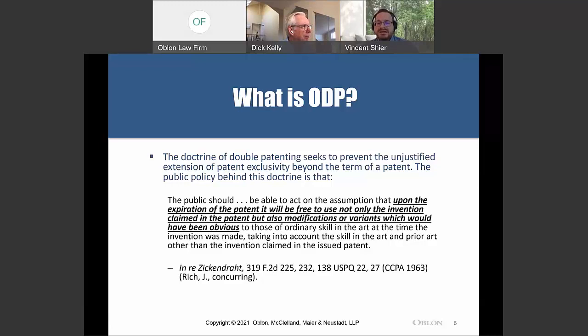And this was really to serve a public policy that promoted the ability of the public to use the inventions that are claimed upon the expiration of the patent. But it was not just the subject matter that was expressly covered by the initial patent. It also is what would be considered obvious modifications or variants, thus the obviousness component of double patenting.